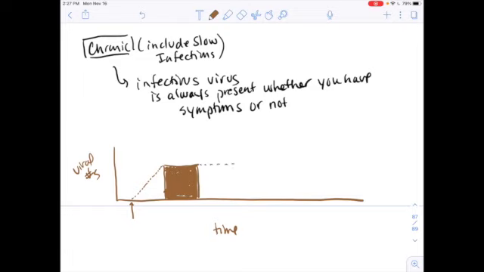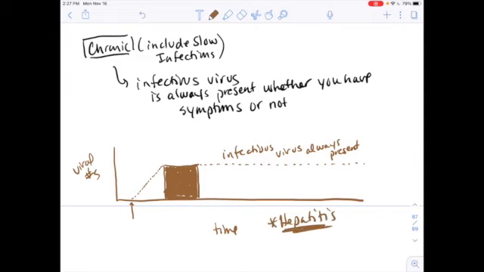But viral numbers are always present. Infectious virus is always present. So for example, hepatitis is an example of a chronic infection.